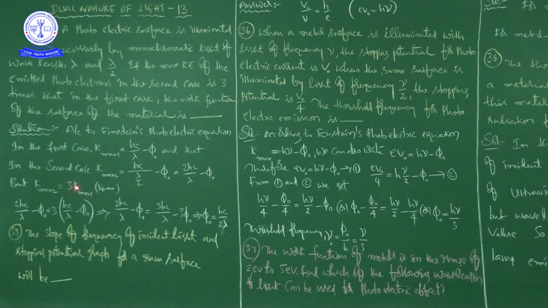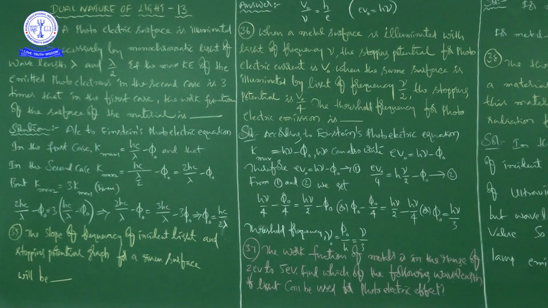So here 2 hc by lambda minus phi naught is equal to 3 into K maximum 1, that is 3 into hc by lambda minus phi naught. That implies, doing the multiplication, 2 hc by lambda minus phi naught is equal to 3 hc by lambda minus 3 phi naught.